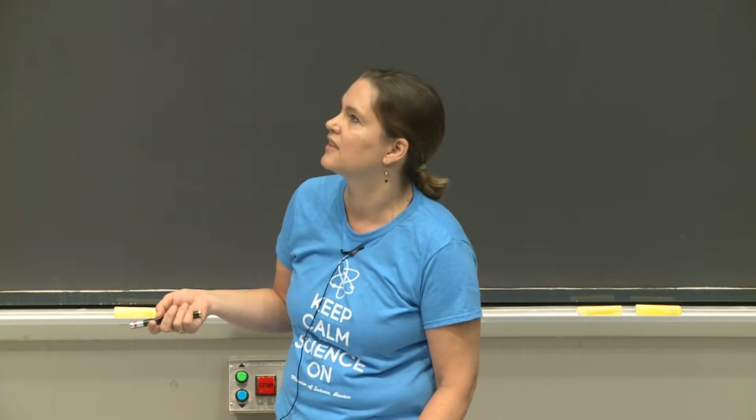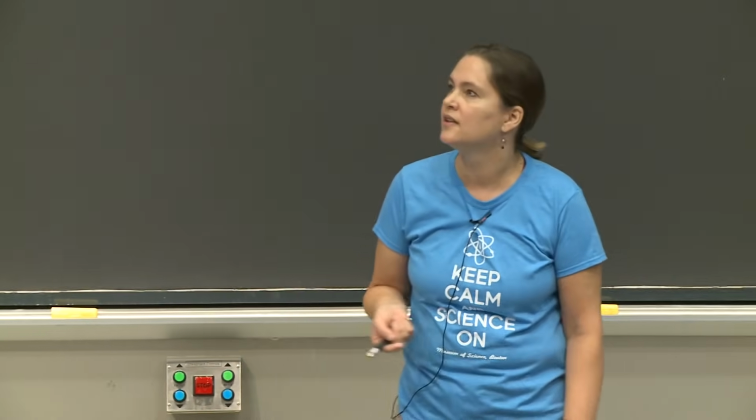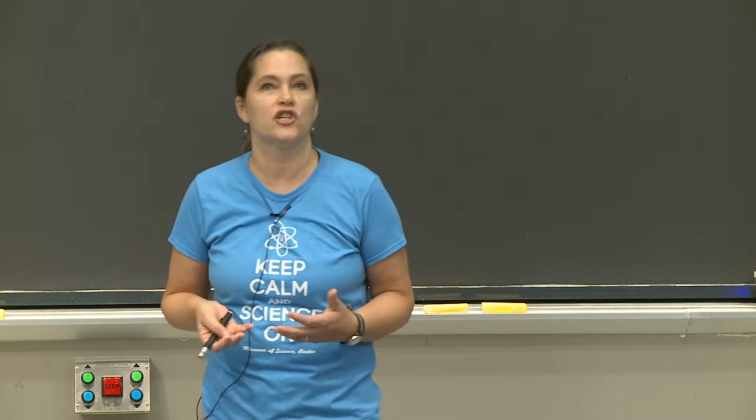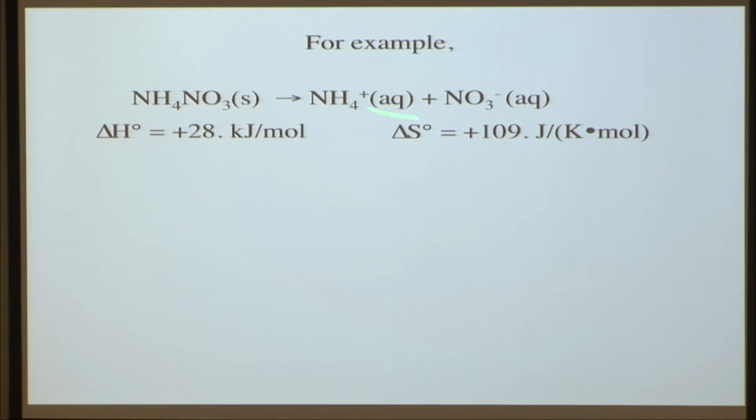Okay, so let's look at an example and calculate what delta G is going to be. So we saw this equation already. We have a positive delta H naught, and now I'm telling you that delta S naught is also a positive value. So we can use this equation, and this is really one of the most important equations in chemistry.